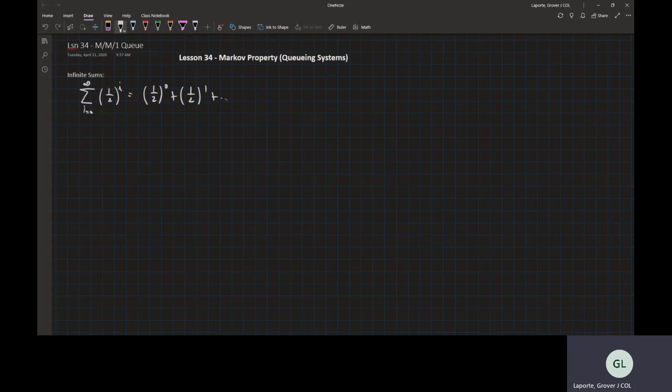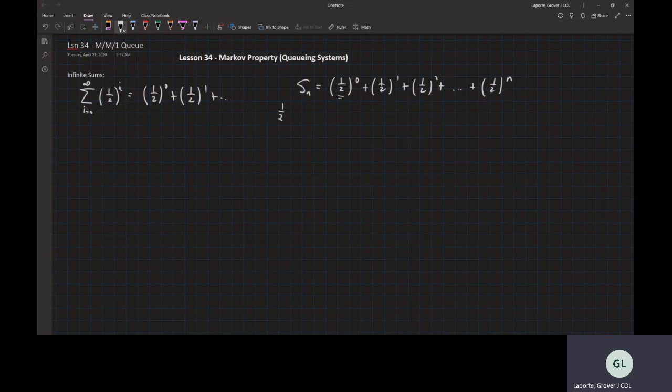The trick here, and we'll use this trick a couple of times during this video, is to let this partial sum Sn be 1/2 to the 0 plus 1/2 all the way up until we get to the nth power. Then the trick really is to multiply by whatever the fraction is inside here.